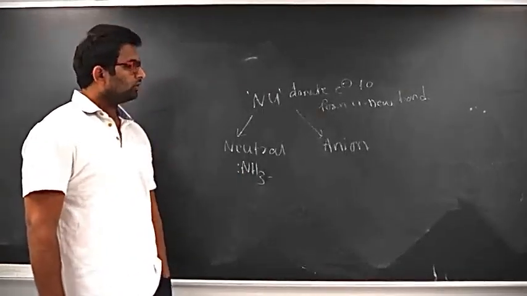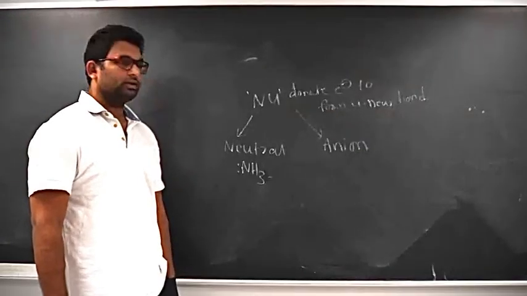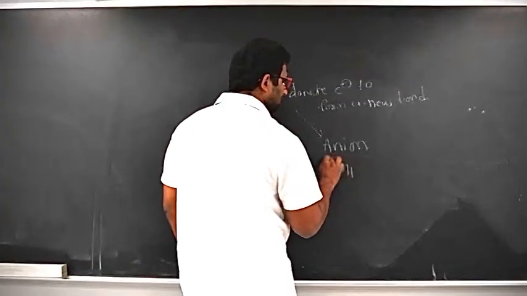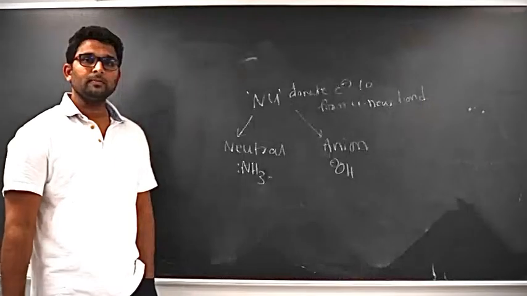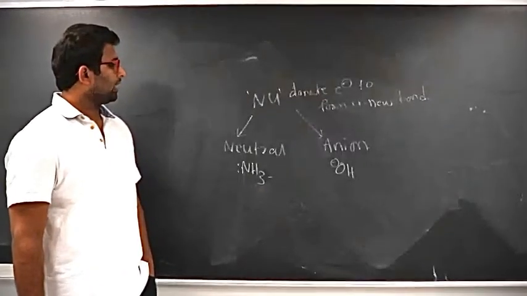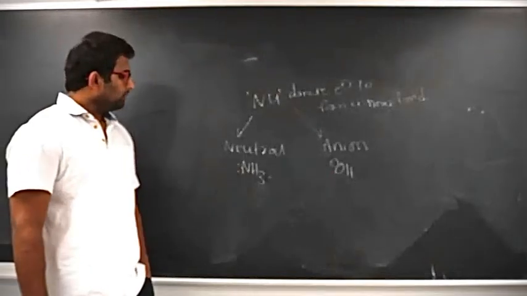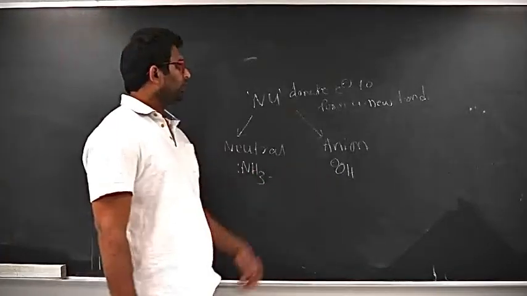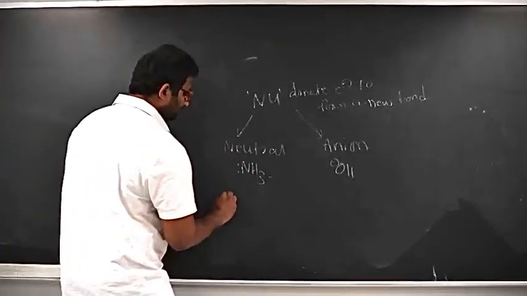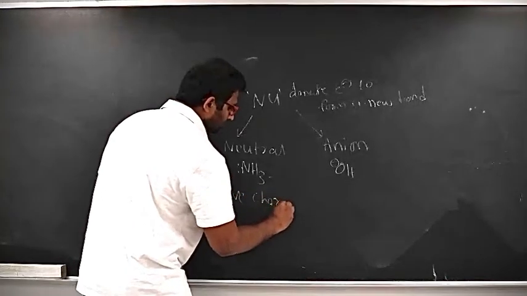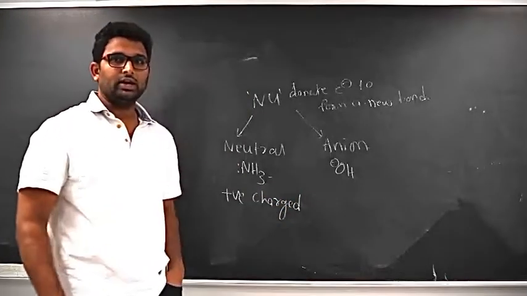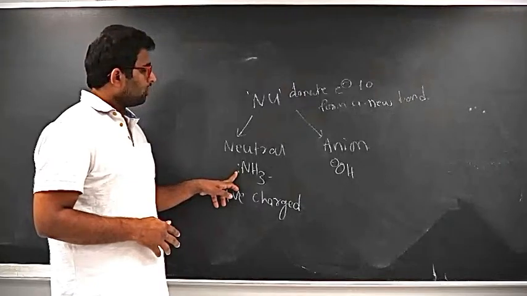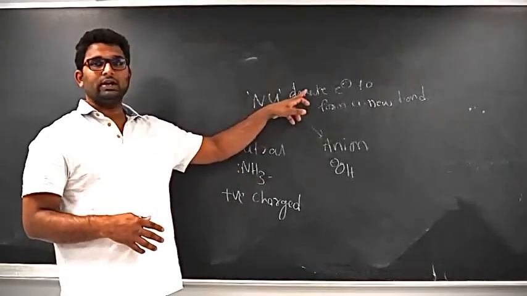Also, any charged nucleophiles which are anionic, like hydroxyl, OH minus, act as an anionic nucleophile. So either neutral or anion, whenever they find any positively charged species in a molecule, they try to form a new bond by donating a pair of electrons.